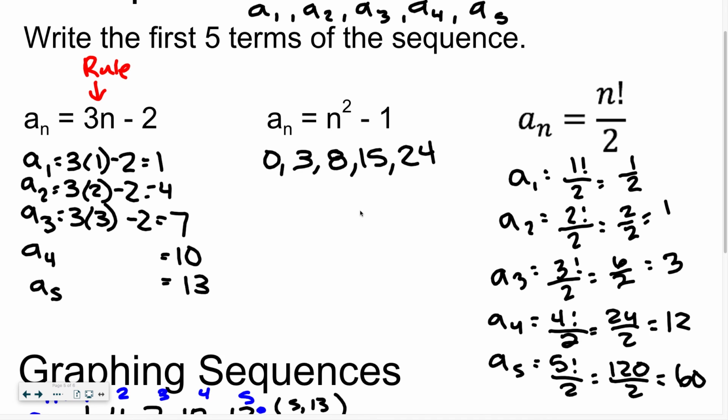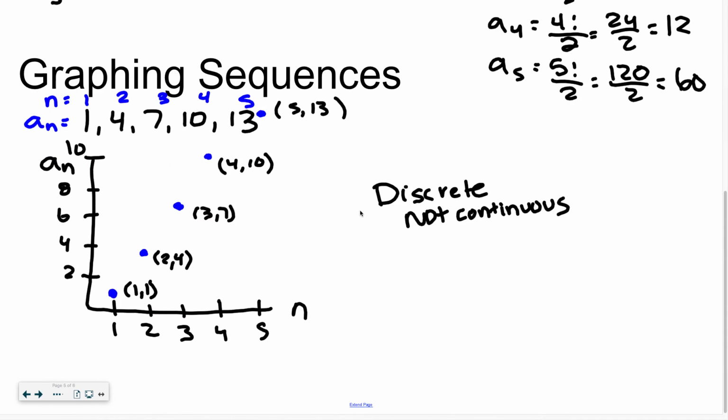A linear function, mx plus b. So that 3 is like my slope. I keep going up by 3, so it's my constant slope. And negative 2 would have been my y-intercept. If I graph a sub 0, it's down at negative 2 on the y-axis. So just some things to think about in terms of sequences.